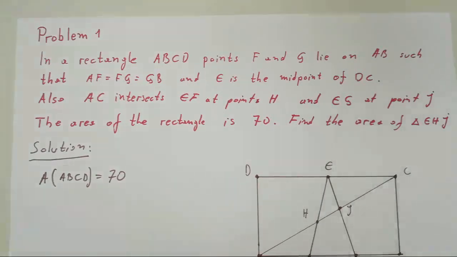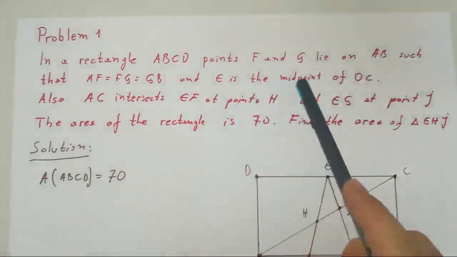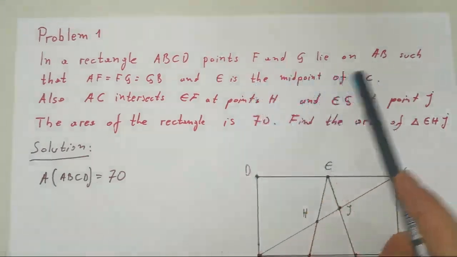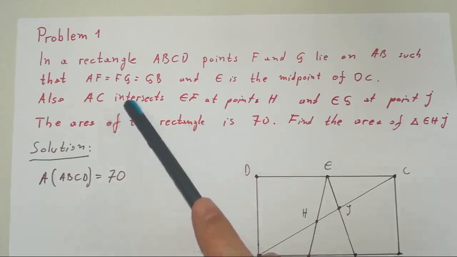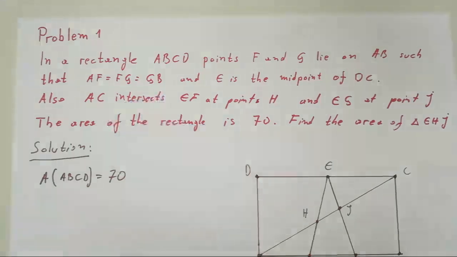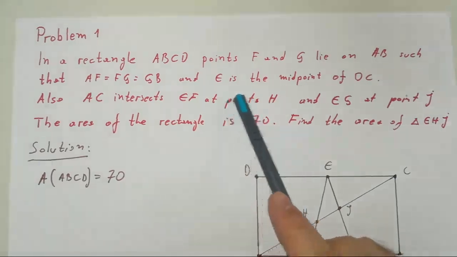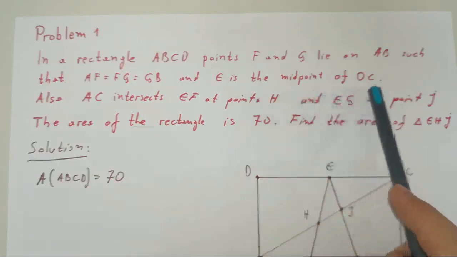It says in a rectangle ABCD, points F and G lie on line AB such that AF, FG, and GB are equal. And it's given that there is another point E, which is the midpoint of DC.